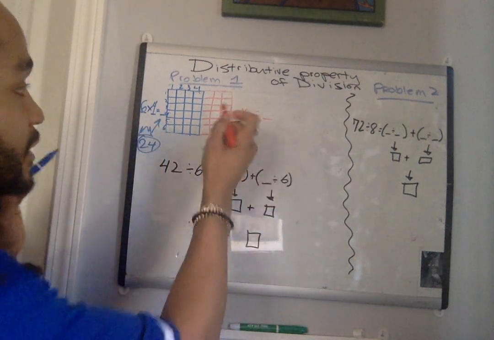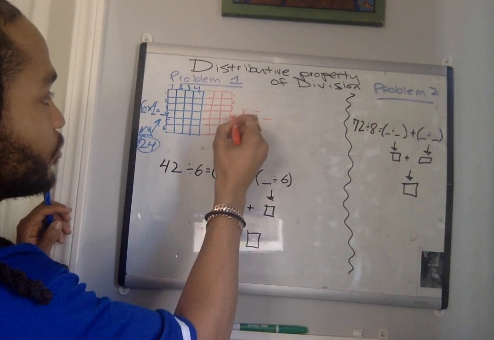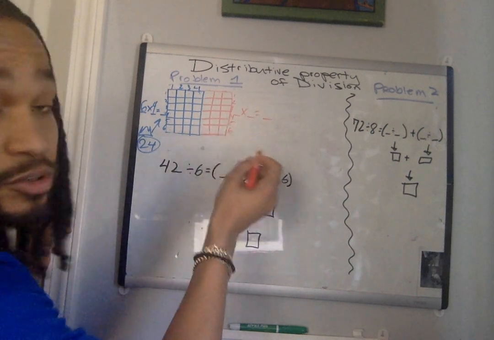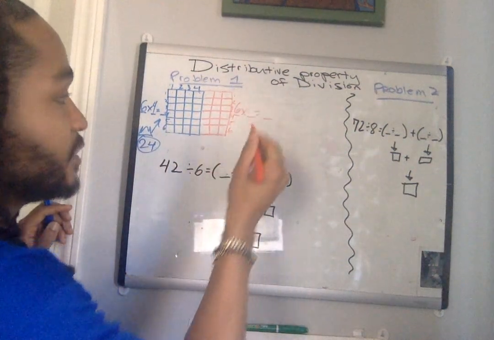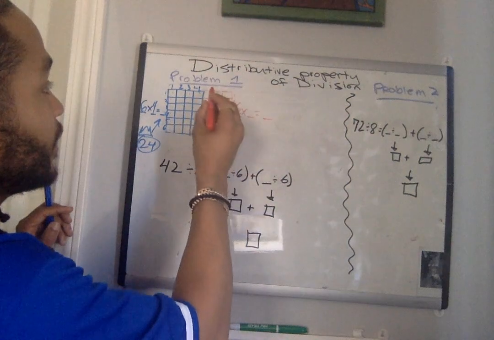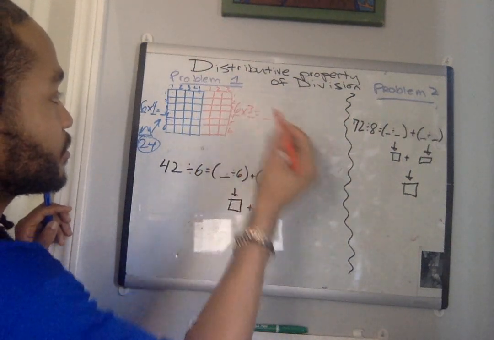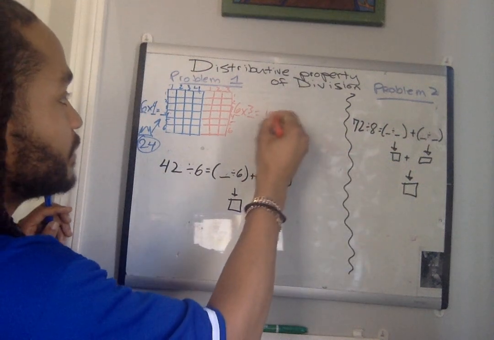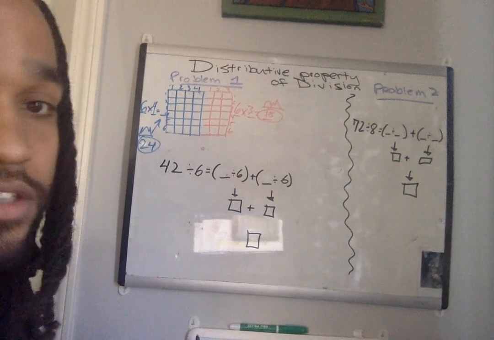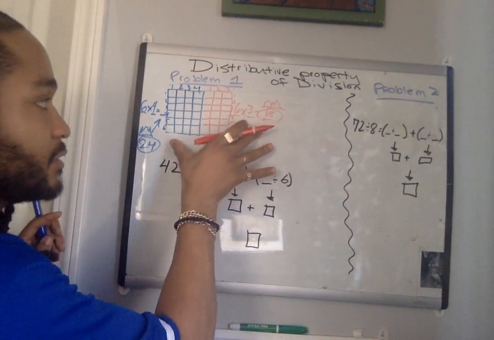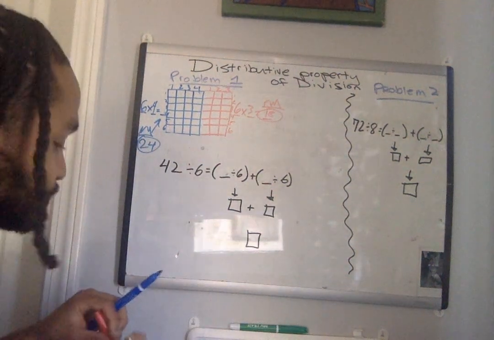Now, on this side, I have 1, 2, 3, 4, 5, 6 rows also. The rows have not changed at all. 6, that's the first factor. And on the top for the columns, 1, 2, 3, we have 6 times 3, and that is 18. Let me just crown that. It's not my final answer, but it helps me with all the math and thinking that's going on so you don't get confused.